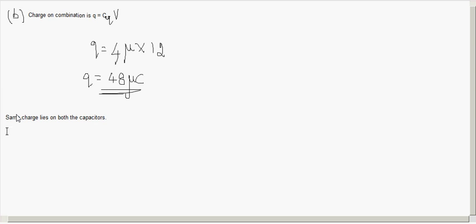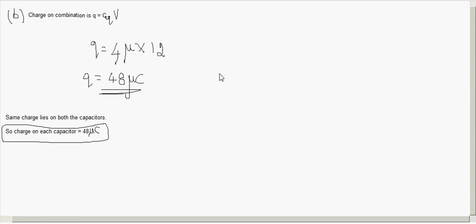So charge on each capacitor is equal to 48 microcoulomb.